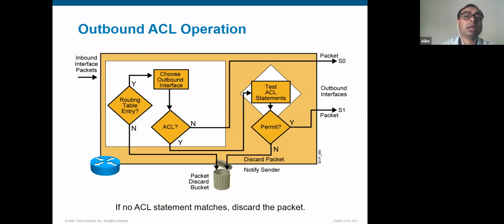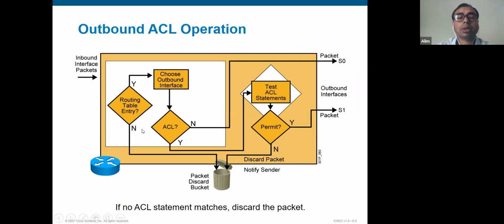This is an algorithm. You can see how packets are filtered. When inbound packets are received, what happens? At first, the routing table entry is checked. If a routing table entry is found... if there is no routing, then the ACL has nothing to do, because traffic is not allowed in that.